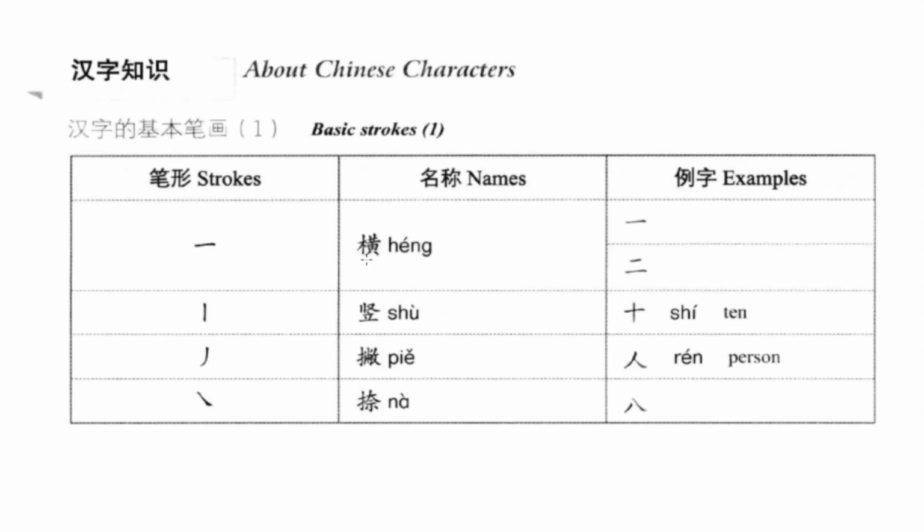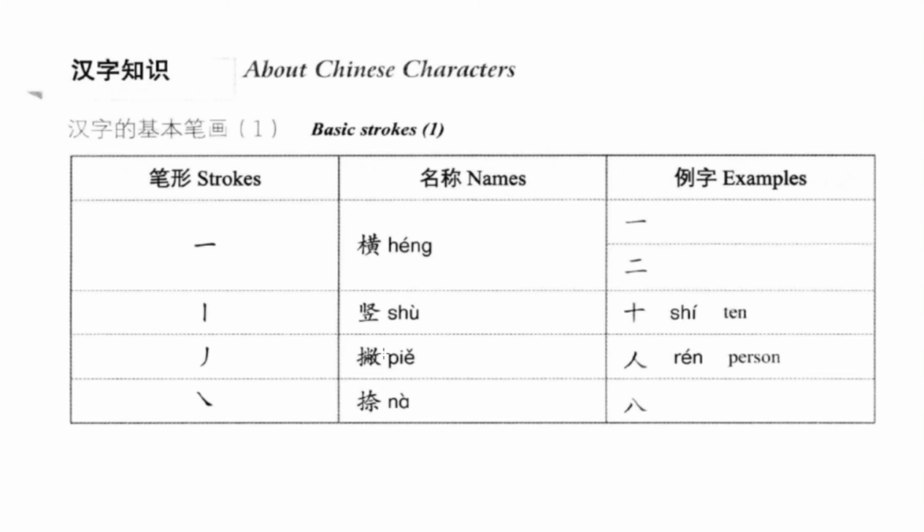The left one. The first name, 横, and examples, 一, 二. Examples in the right side, 一, 二. And the second one, 竖, examples, 十, 10. We didn't learn this number, right, so try to remember 10.